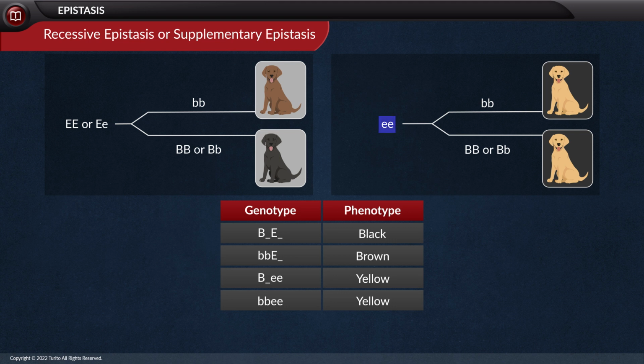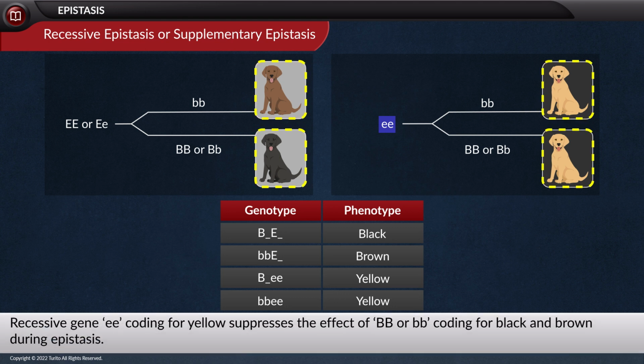This takes place when recessive alleles at one locus mask the expression of both dominant and recessive alleles at another locus. B is dominant representing black, while b is recessive representing brown. The expression of black and brown colors are masked by the presence of ee. Here, ee is epistatic to B or b.